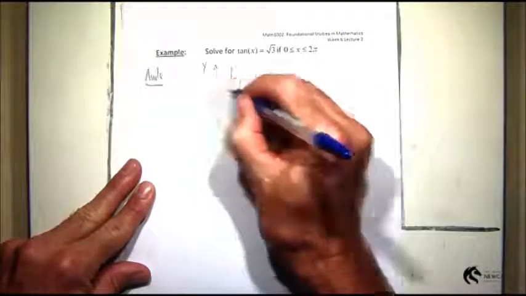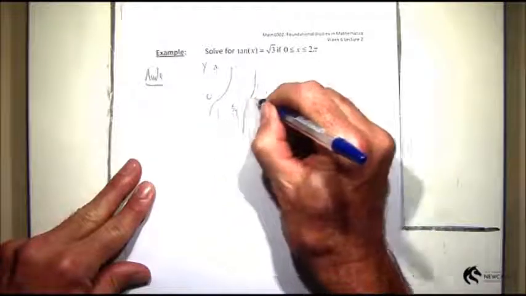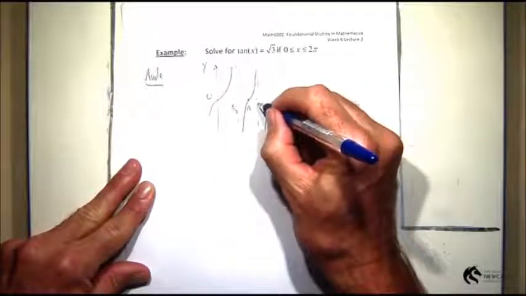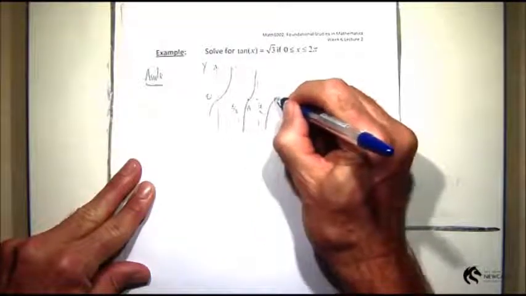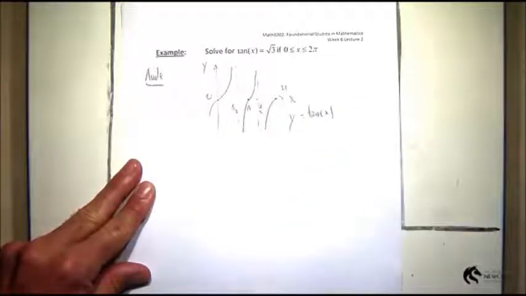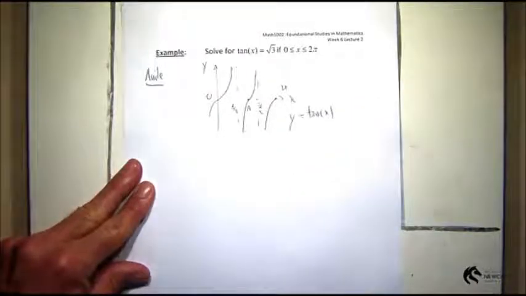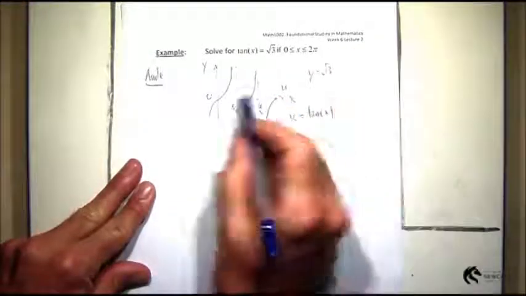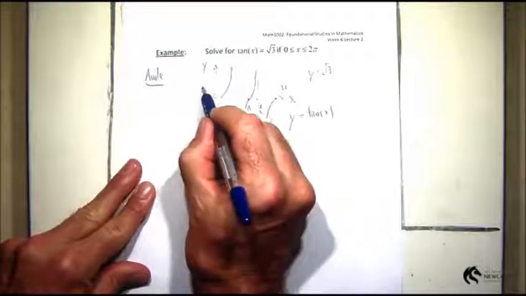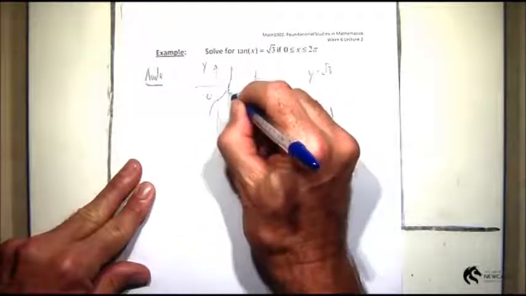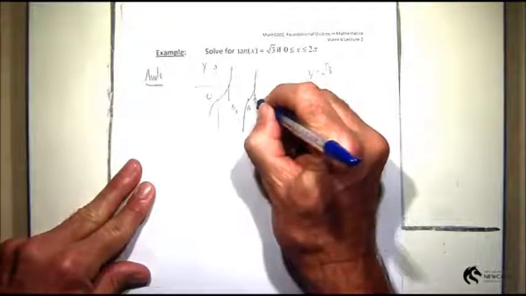So 0, pi on 2, pi, 3 pi on 2, and 2 pi. So that's the graph of y is equal to tan x. The graph of y is equal to the square root of 3. The square root of 3 is up here somewhere. Across it goes. And so I can see that there will be 2 solutions. One there and one there.